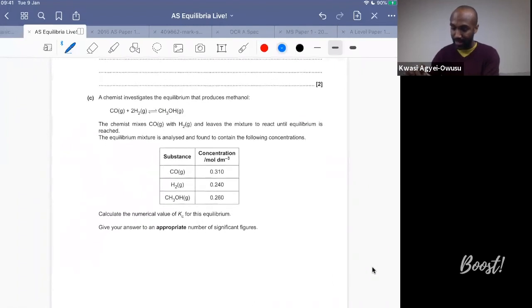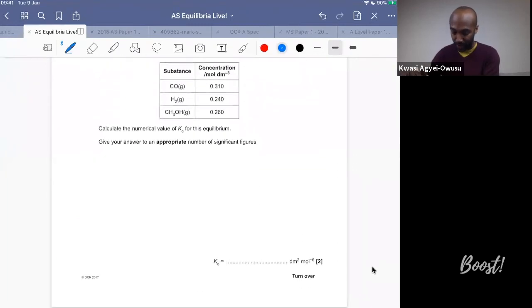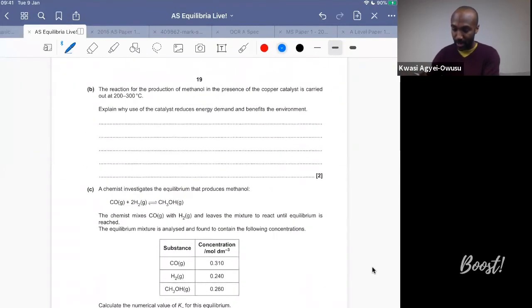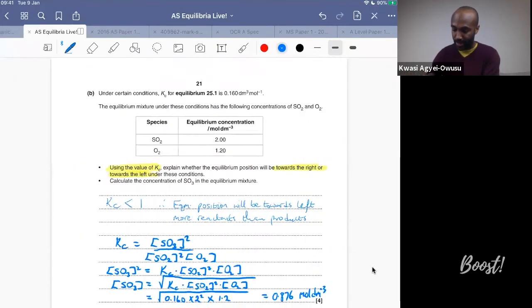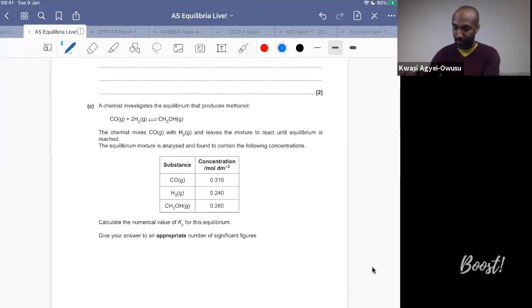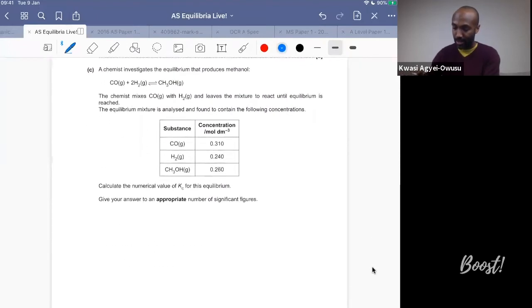Let's look at this one here. So this is another question, this time from the 2017 paper. So this is a 2017 AS paper. And we're looking at a reaction between carbon monoxide and hydrogen to give us methanol.